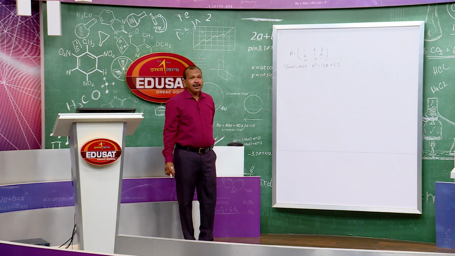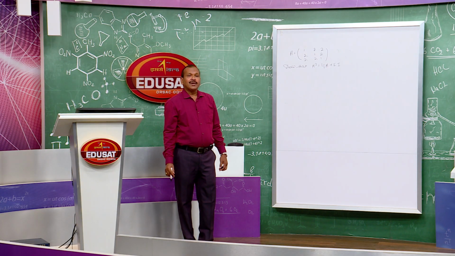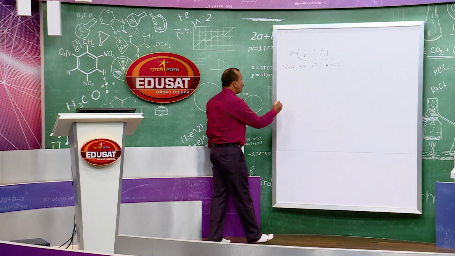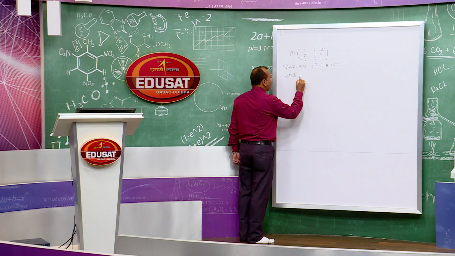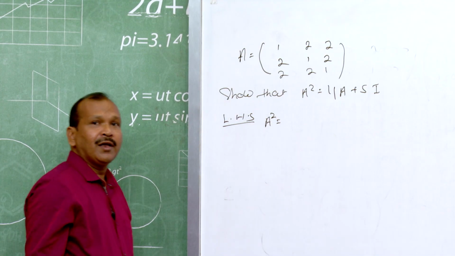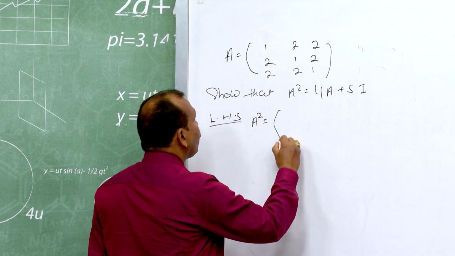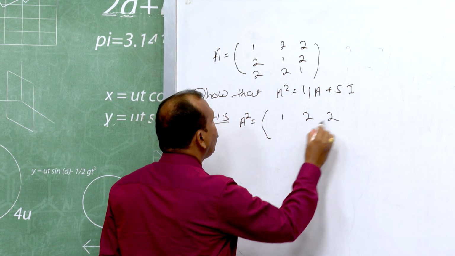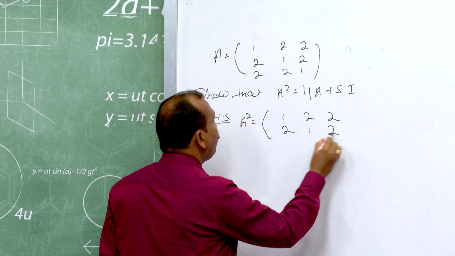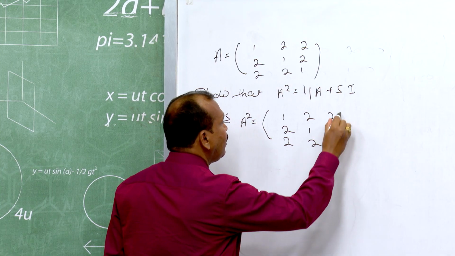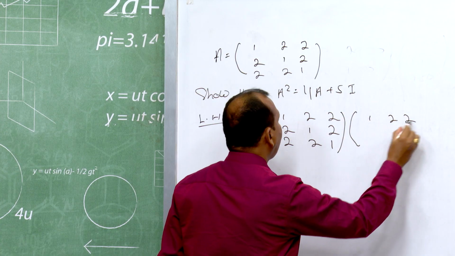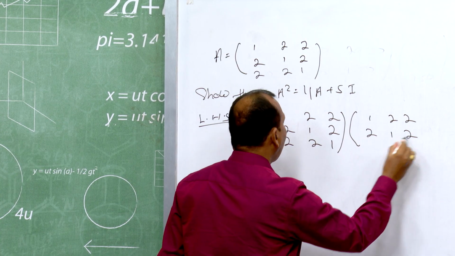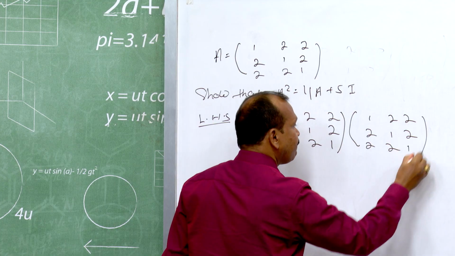Here A is a matrix having order 3 cross 3. Then we can easily find out A square. Now we have to take the LHS. Then A square becomes the matrix 1 2 2, 2 1 2, 2 2 1 multiplied by the matrix 1 2 2, 2 1 2, 2 2 1.